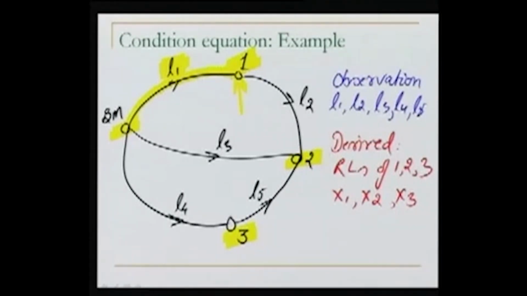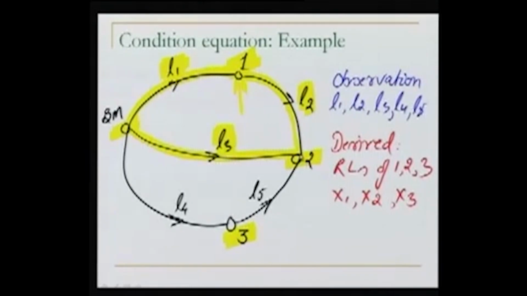Well, further, because we have to determine RLs for 3 points, I can go further to point 2 by observing this L2, then one redundant observation L3, because now this L2 can be computed through this route as well as this route.